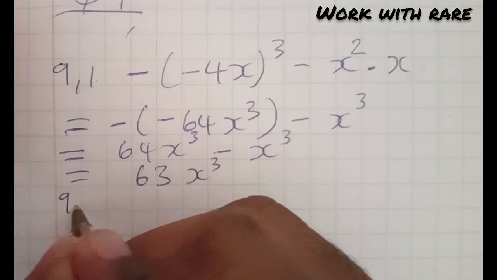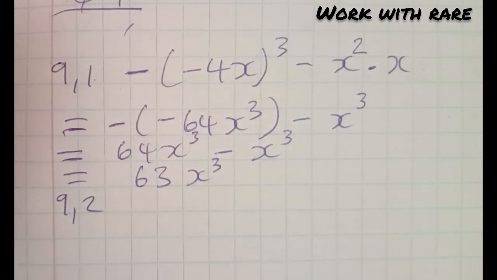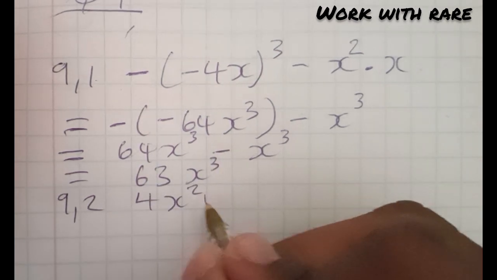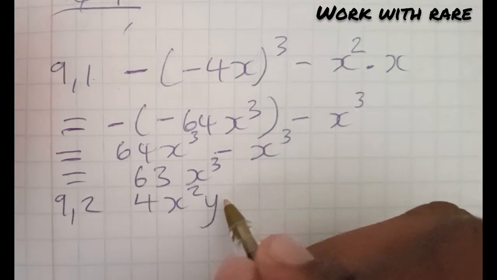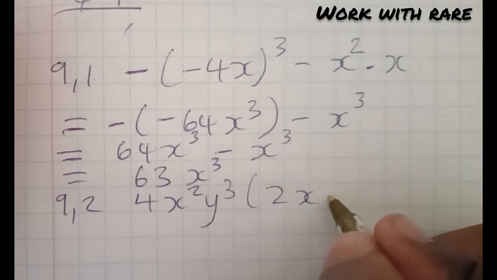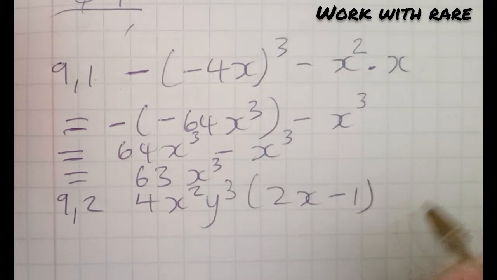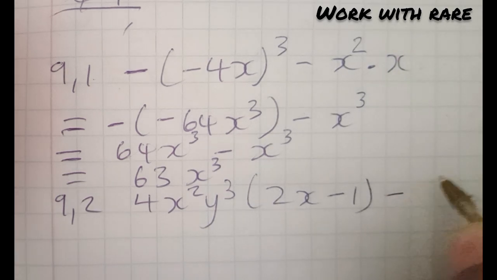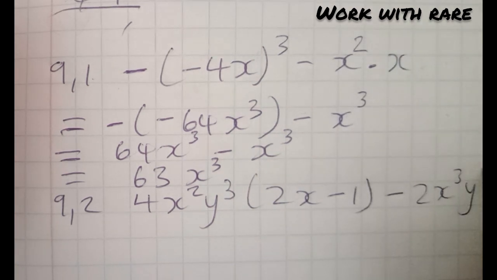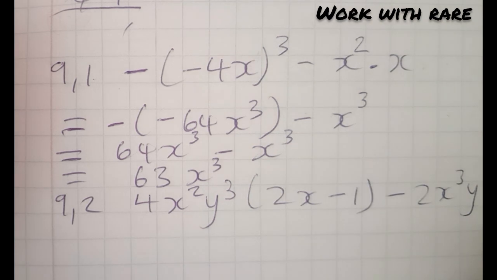So 9.2, we have 4x squared y cube, and we have a bracket minus 1 minus 2x cube y squared, and we have a bracket 4y.